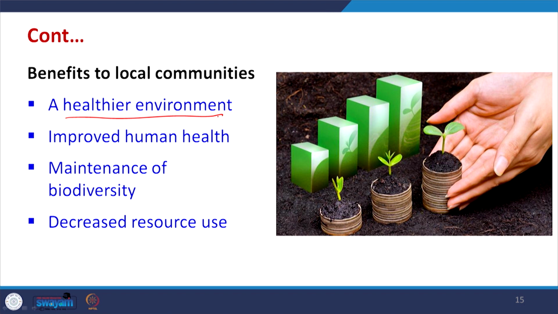The maintenance of biodiversity: by properly planning we can still maintain the biodiversity and also many times increase the biodiversity if we plan it very well. Decrease resource use. So, if EIA is carried out, the resource use in the industry or the project will be minimized, because there will be more recycling of resources, and so the decreased resource use will be there if EIA is carried out, otherwise the resource usage may be larger.